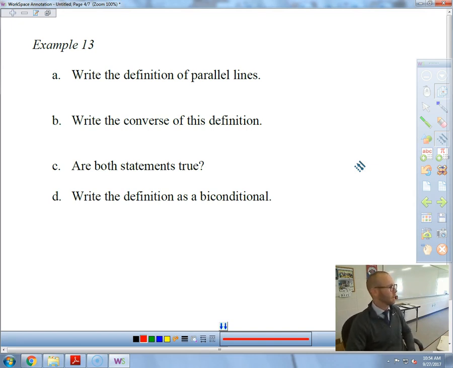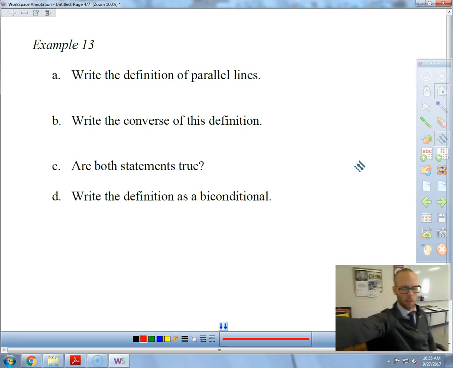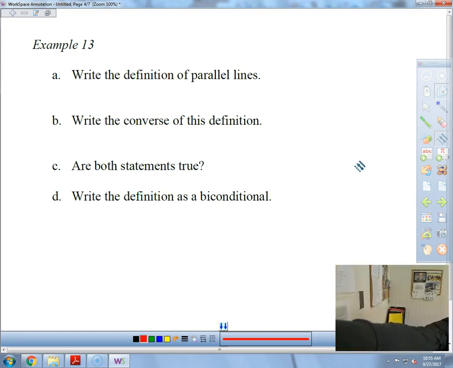How about this? Let's see here, should I try this camera? Okay. So see this line in the corner of the classroom over here that's going vertically? That line right there, vertical line.